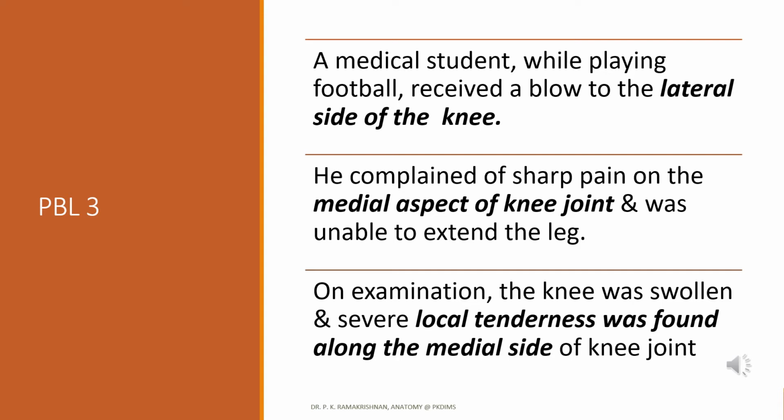So here the person received a blow to the lateral side of the knee and he had a severe pain on the medial aspect of the knee joint along with swelling and severe local tenderness on the medial aspect of the knee joint.